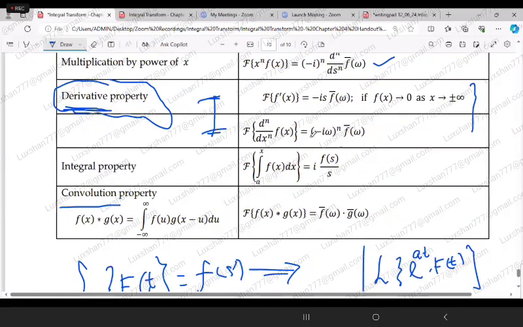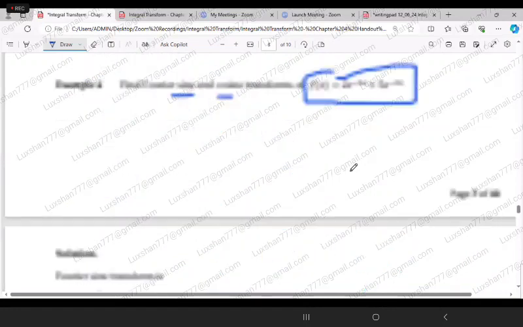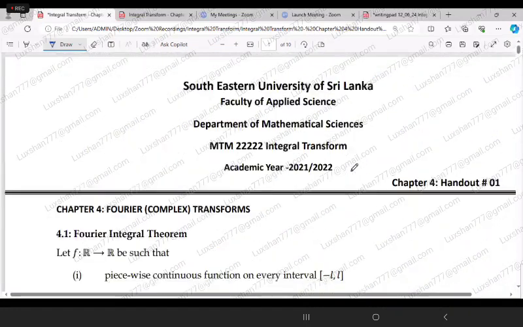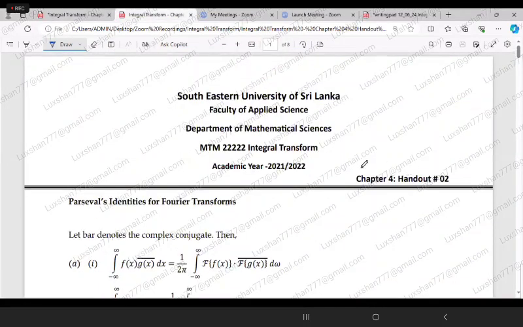Right. That's all about the first handout on integral Fourier transform. Now we'll move to the next handout, chapter 2. We have one more section called finite Fourier transform. Here we were talking about the transform in the interval minus infinity to plus infinity, an infinite interval.